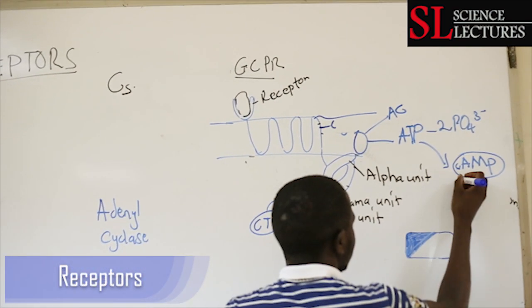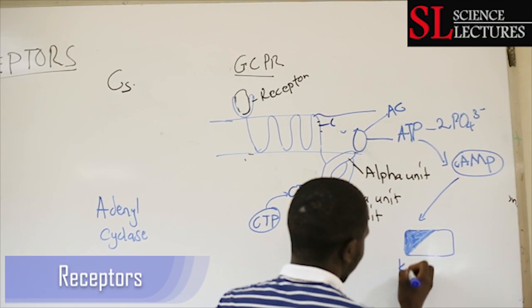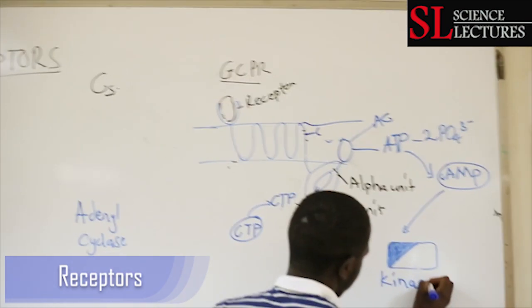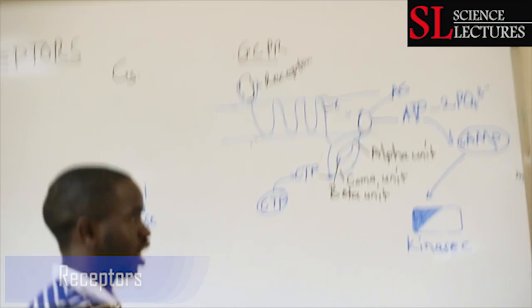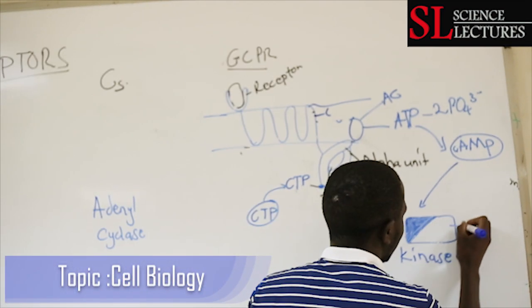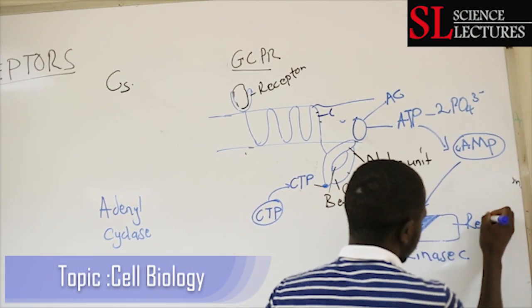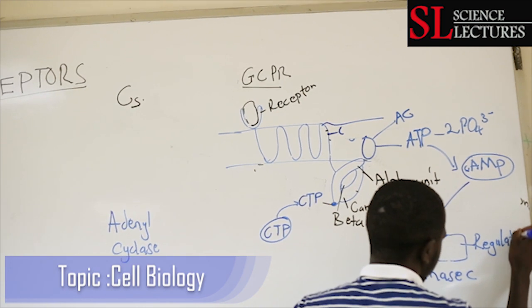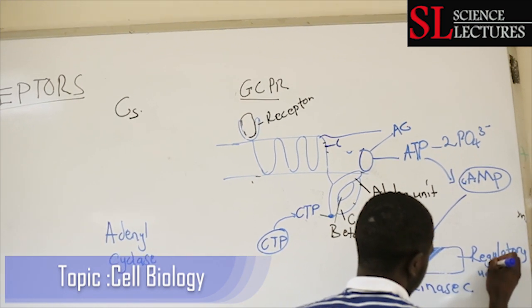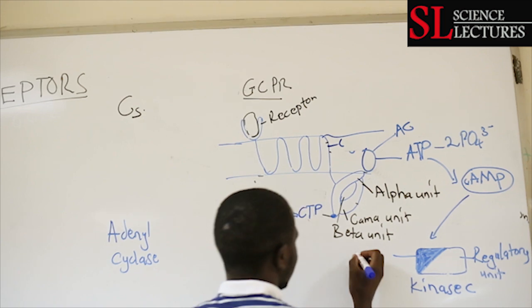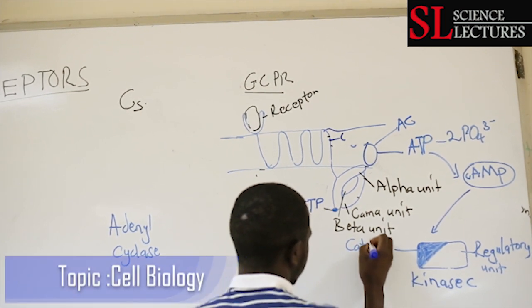CAMP shall then interact with a kinase C, which in this case has 2 parts. Number 1, it has the regulatory unit. Then number 2, it has the catalytic unit.